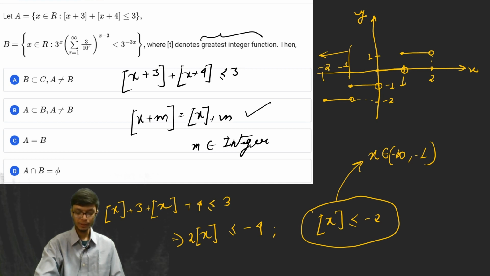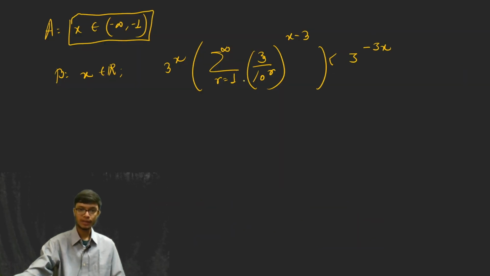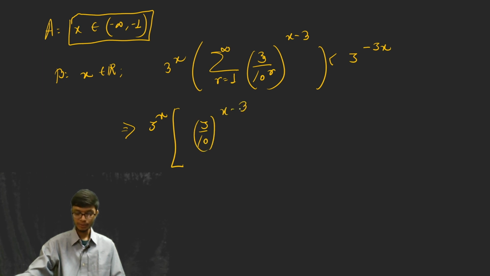Now if you look at this particular equation, this is basically an infinite GP with a ratio which is less than 1. That means you can write this as 3 to the power x whole into, and if you put r equal to 1, it will be 3 by 10 whole raised to the power x minus 3, plus 3 by 100, and so on in this fashion.